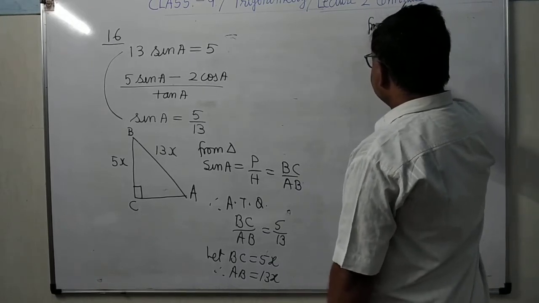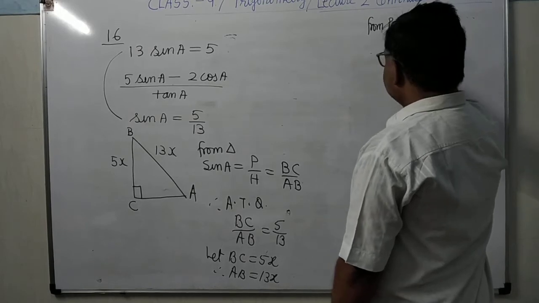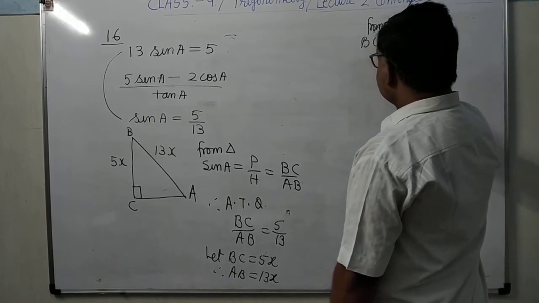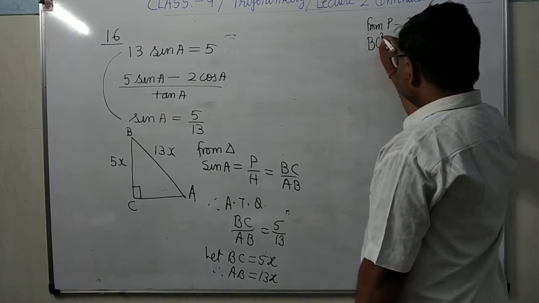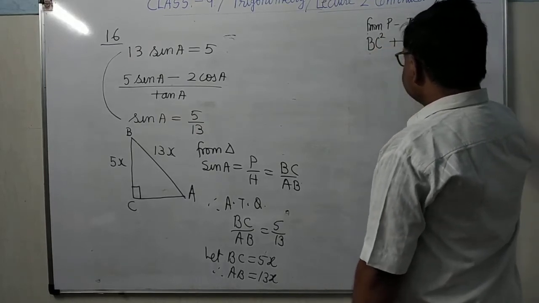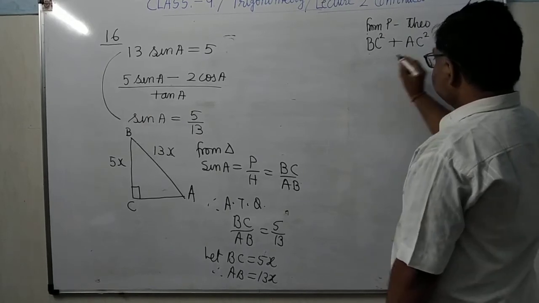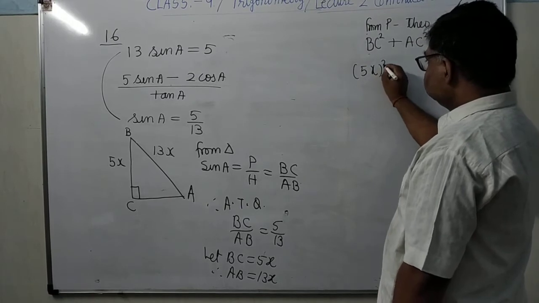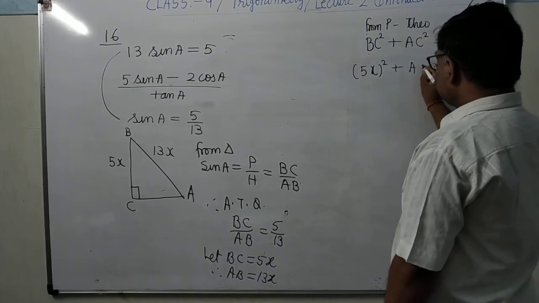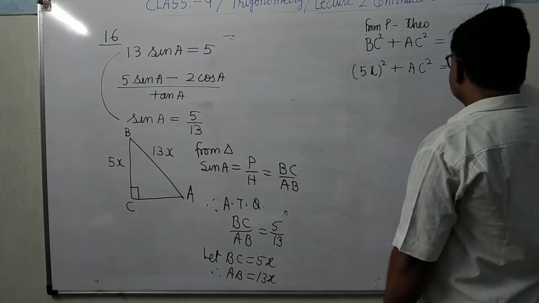So from Pythagoras theorem, BC square plus AC square equals AB square. BC is 5x, so 5x whole square plus AC square equals 13x whole square.